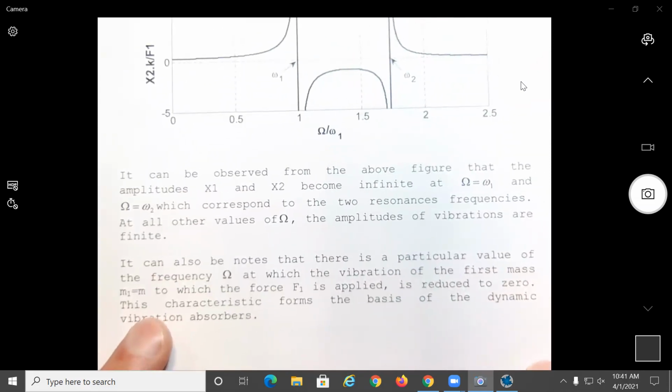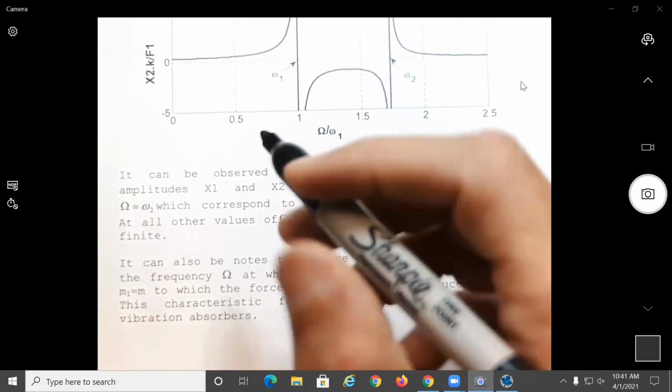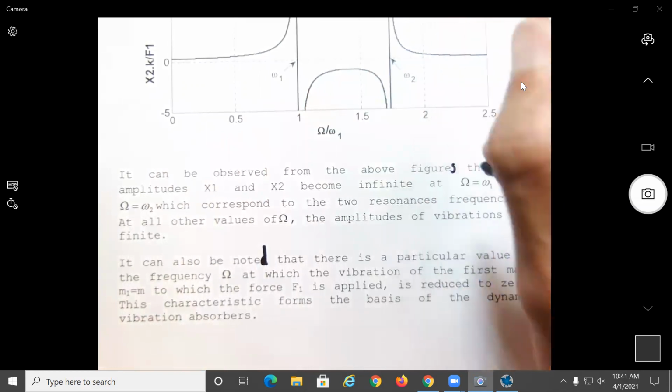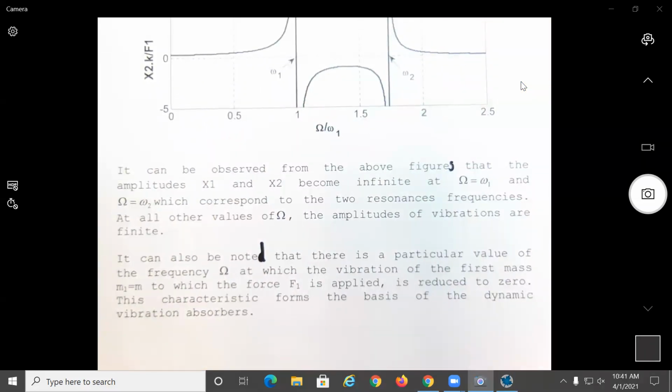So what is the other comment that I put? It can also be noted, from the above figures, that there is a particular value of the frequency omega at which the vibration of the first mass, M1, equal M2, to which the force is applied, is reduced to 0.